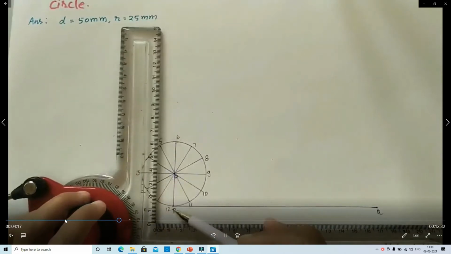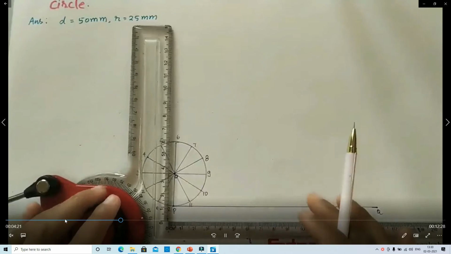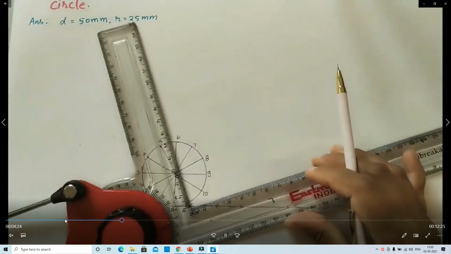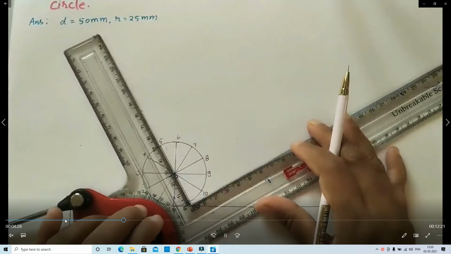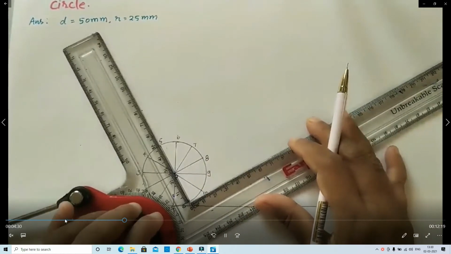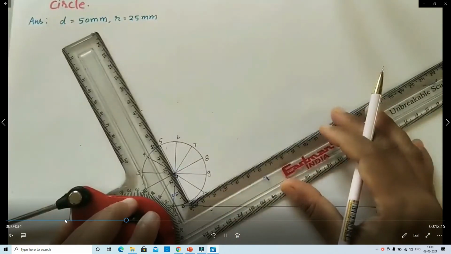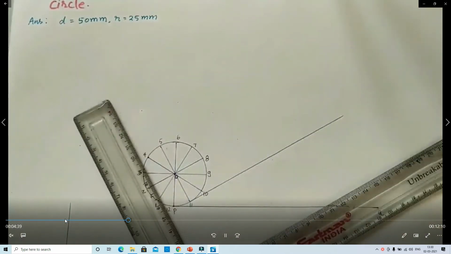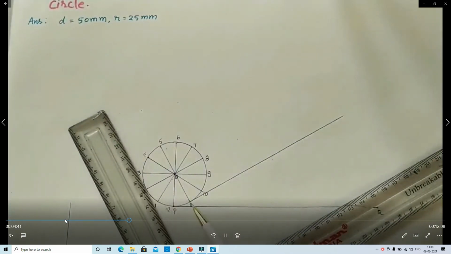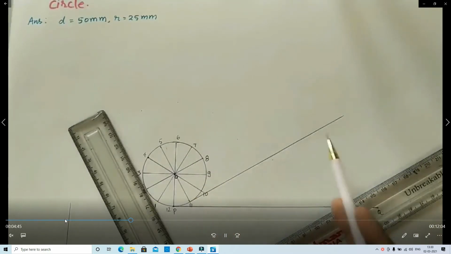Now we need to divide the circumference of the circle into 12 equal parts. Before that, we draw the tangents at every point. That means draw a tangent to the circle at points 1, 2, 3, 4, 5, 6, 7 up to 11.